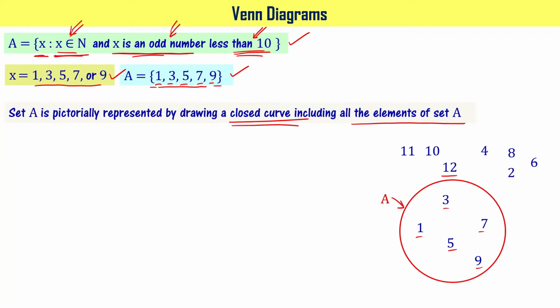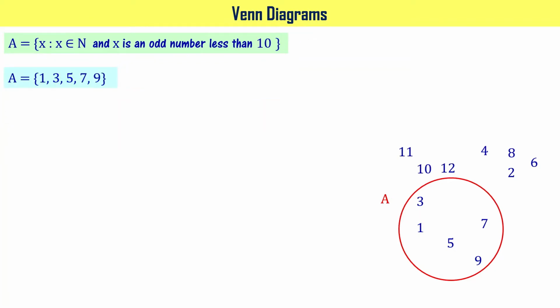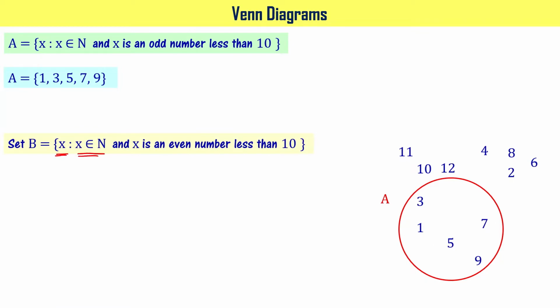Got it? Now let us consider another set, set B. Set B is a set of elements x such that x belongs to N and x is an even number less than 10. Meaning x belongs to N means it is a natural number. At the same time, x is an even number and that is less than 10. What numbers can you think of? When you say natural numbers, the numbers you can think of are 1, 2, 3, 4, 5, 6, 7, 8 and so on, right?